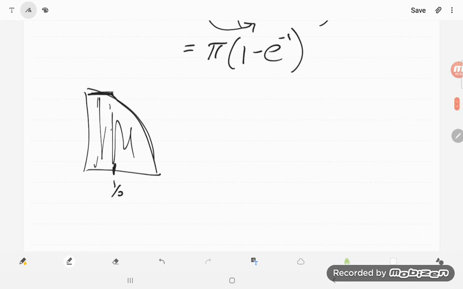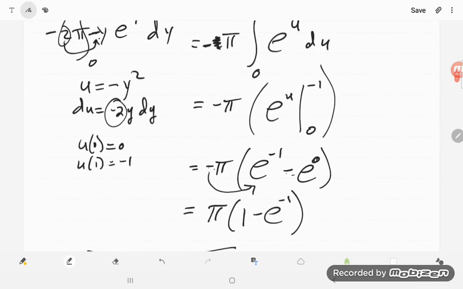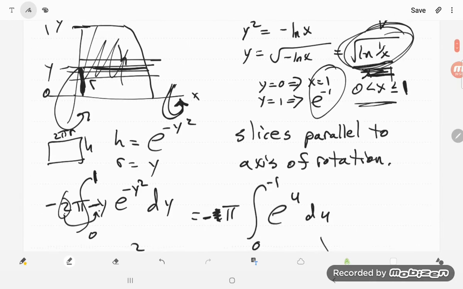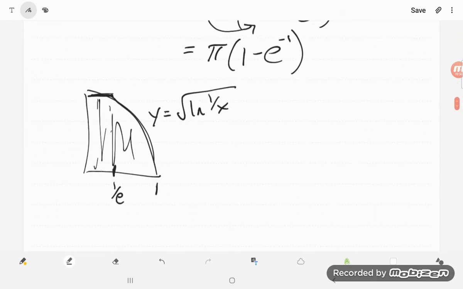Here's 1 over e. Here's 1. This is y equal the square root of the log of 1 over x. Right, that's what I had there, yeah. Now notice from 0 to 1 over e, we had a constant 1.